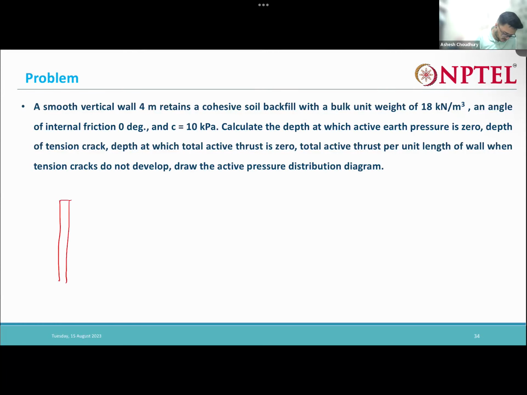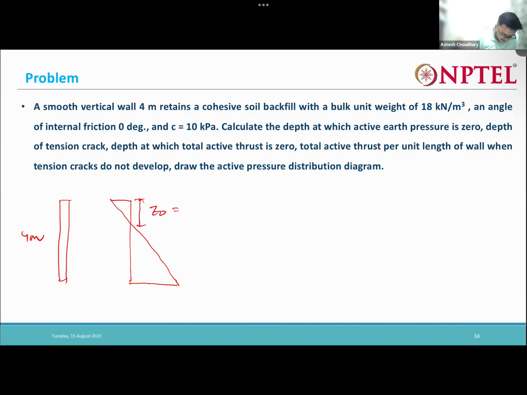So we have a 4-meter wall, right? For a cohesive soil, the variation of this active thrust is really different. It's a little bit like this. At some depth Z naught below the top, the active thrust is actually 0.